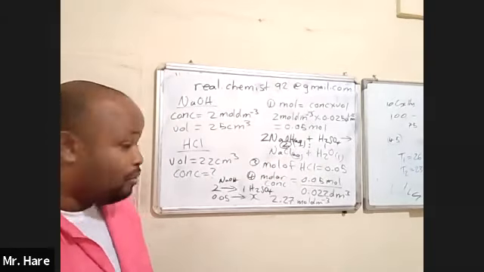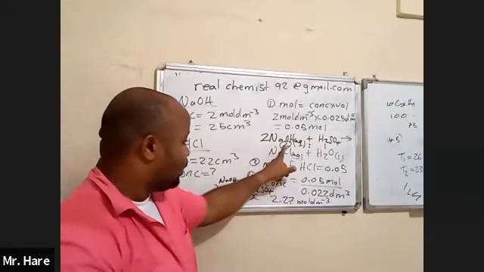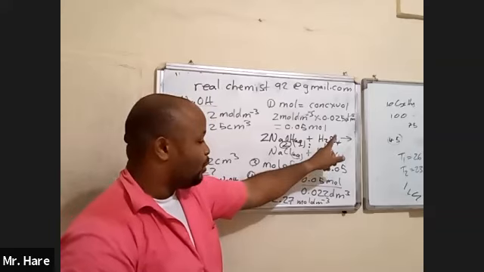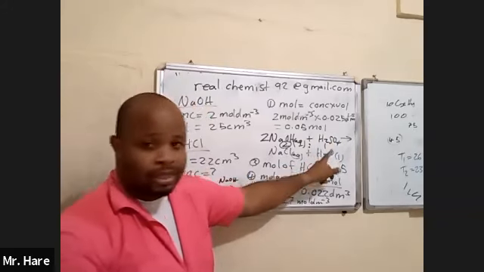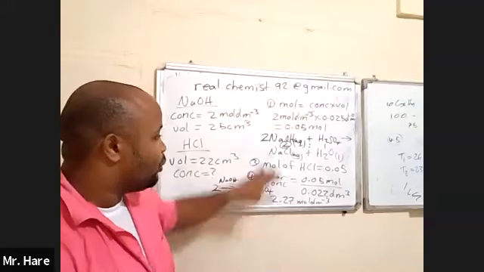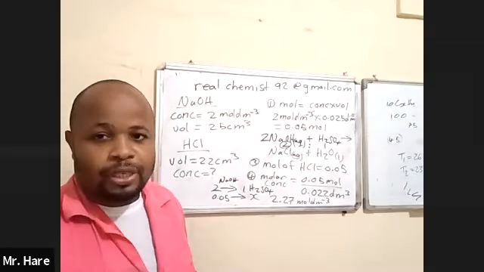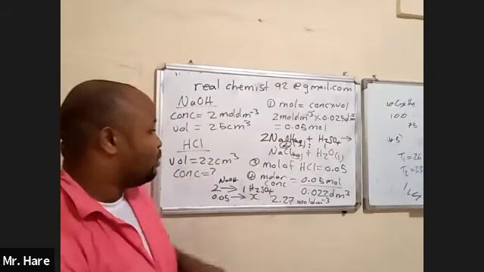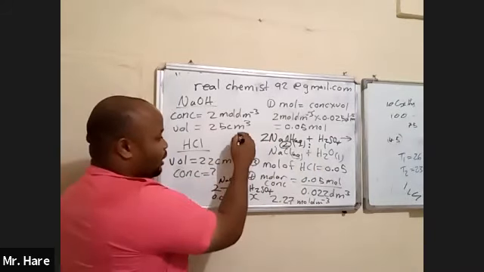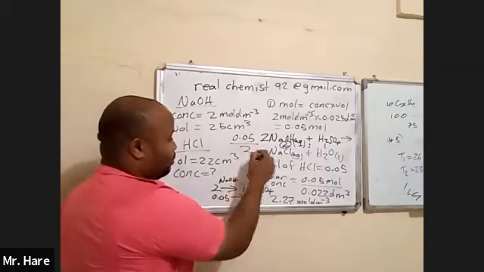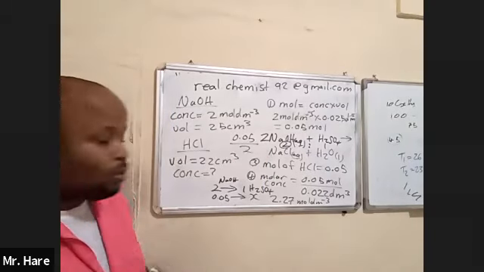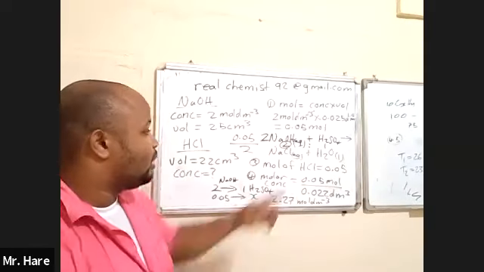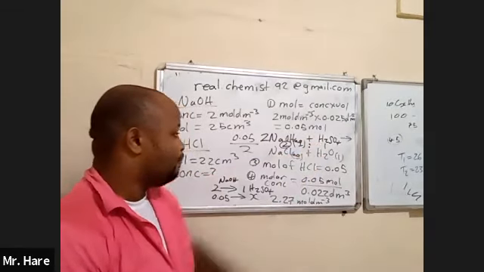And the next way you could do it: since 2 moles of sodium hydroxide is reacting with 1 mole of sulfuric acid, the mole of sodium hydroxide must always be 2 times the amount of sulfuric acid. So all you would have to do is divide it by 2, because the mole of sodium hydroxide must always be 2 times the amount of sulfuric acid.